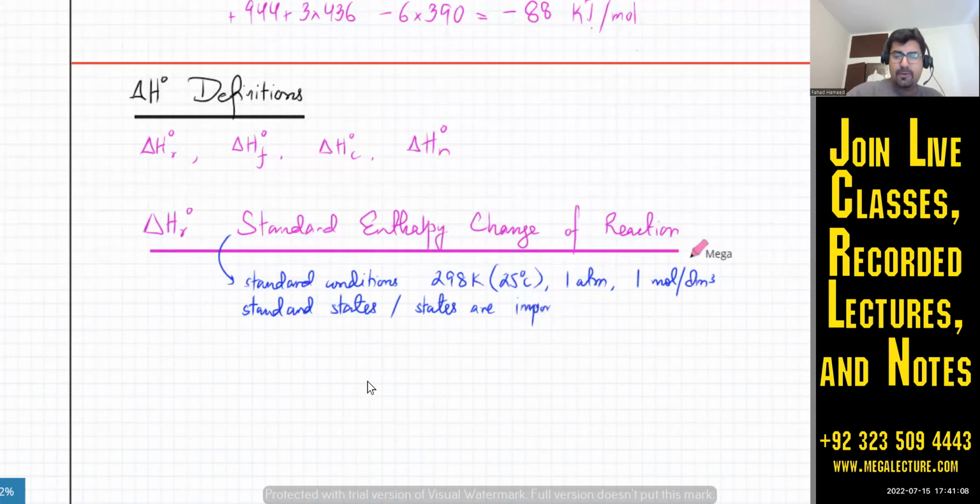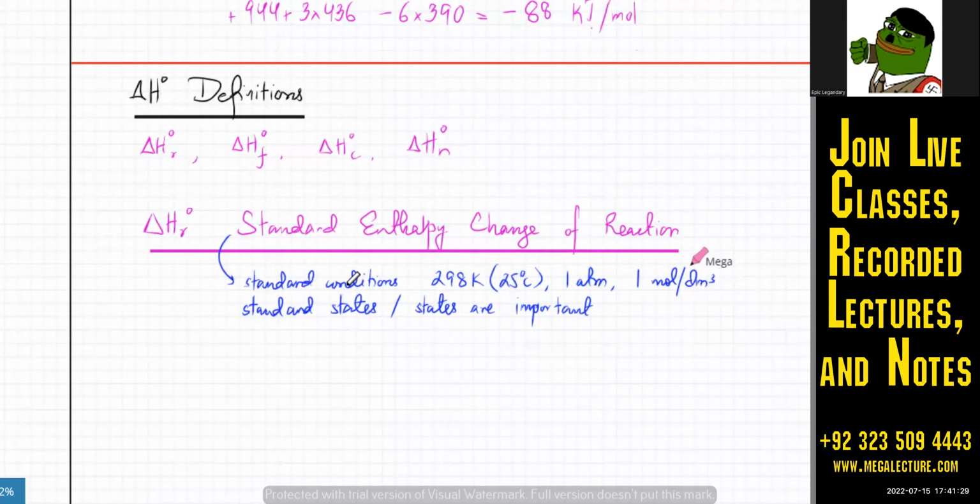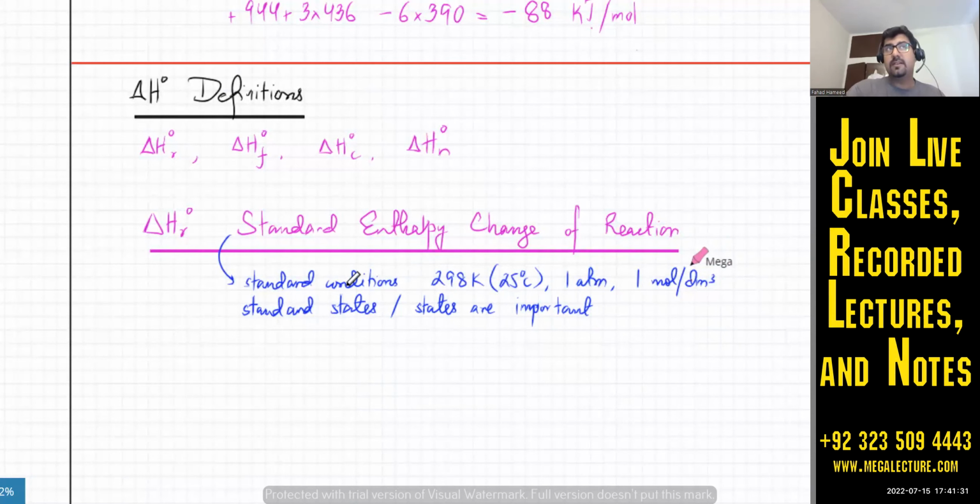If the reaction involves water, what state would water be in under standard conditions? Liquid. That's known as the standard state of water. So if somebody asks you what is the standard state of water, it is the state that exists under standard conditions, and that's liquid.